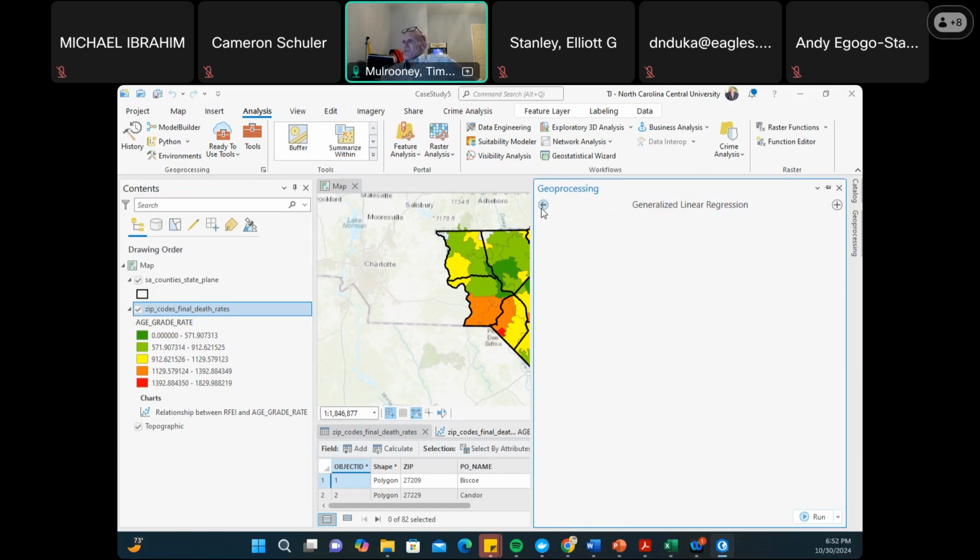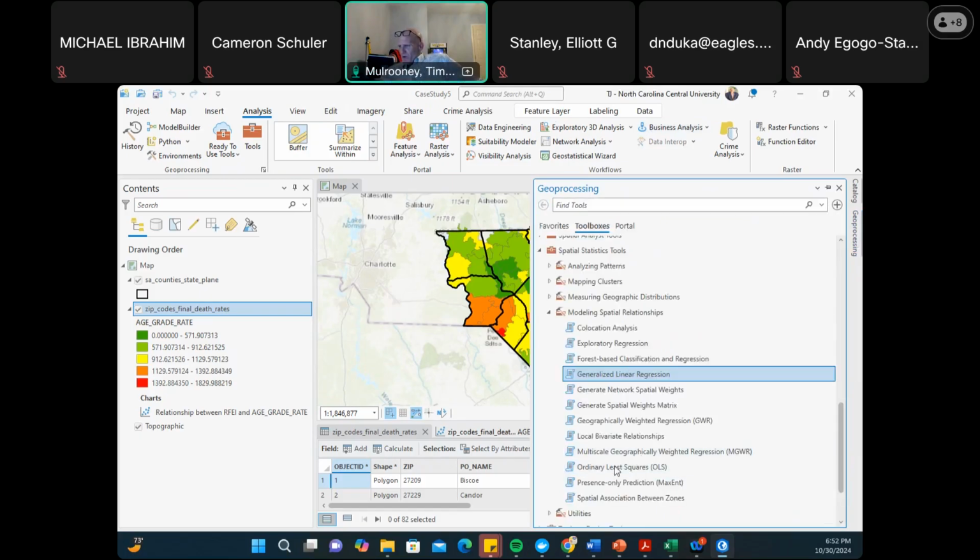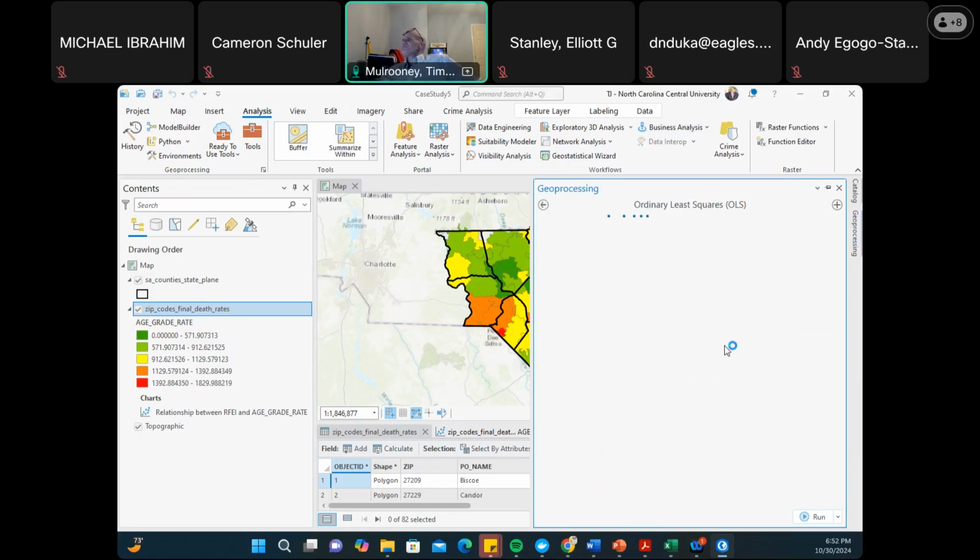This will fit things in planes. But what we're going to do here, I'm just looking at this tool real quick. Maybe not so quick. We're going to run what we call ordinary least squares. And you can look at the general linear regression.